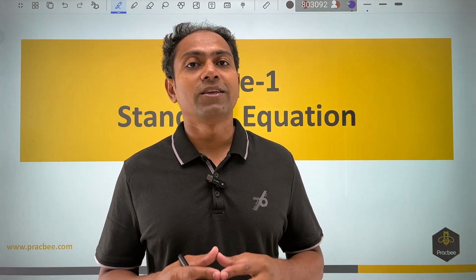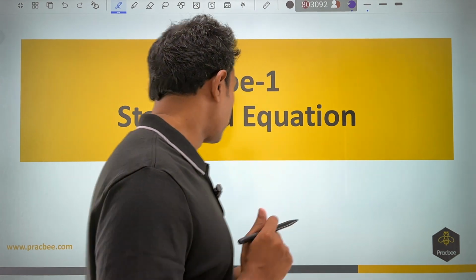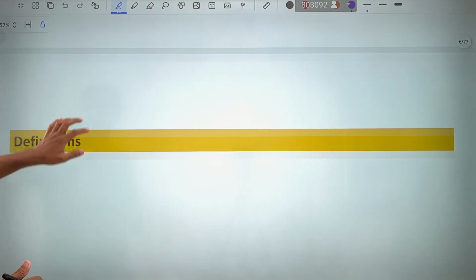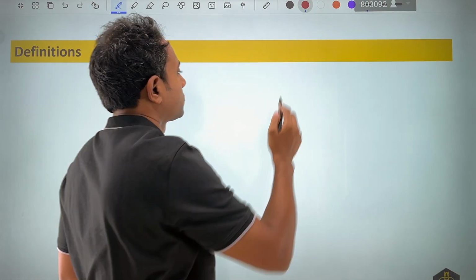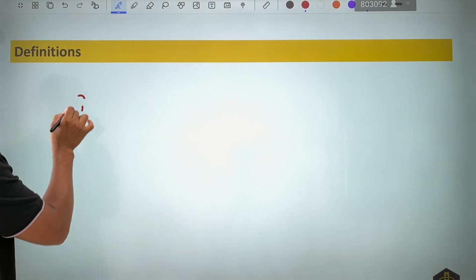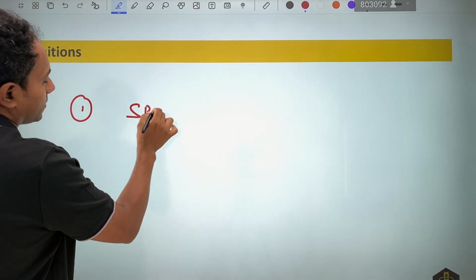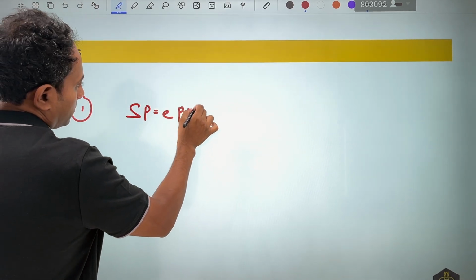The first problem type is questions based on standard equation of ellipse. Now if I look into this idea, first thing that we should understand is the definition of the ellipse. So there are 2 very important ideas they will use here. One is SP is equal to e times PM.